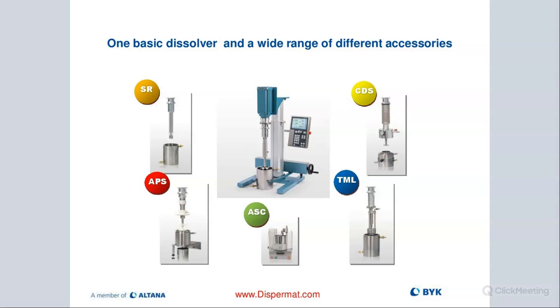So there is a lot of advantages that come into play with that kind of design philosophy. And not only are we able to achieve this on the lab scale, we can do that with our pilot units, as well as with our large scale manufacturing machine.